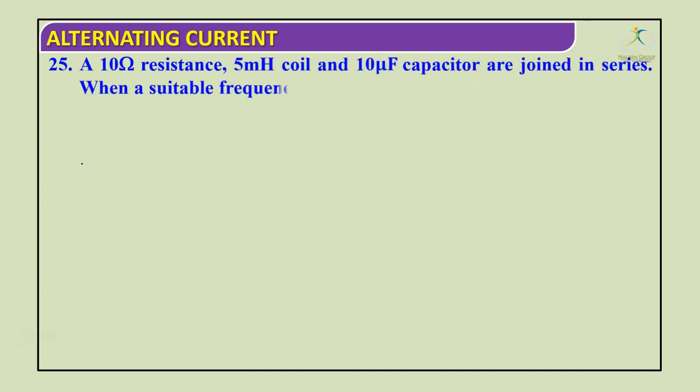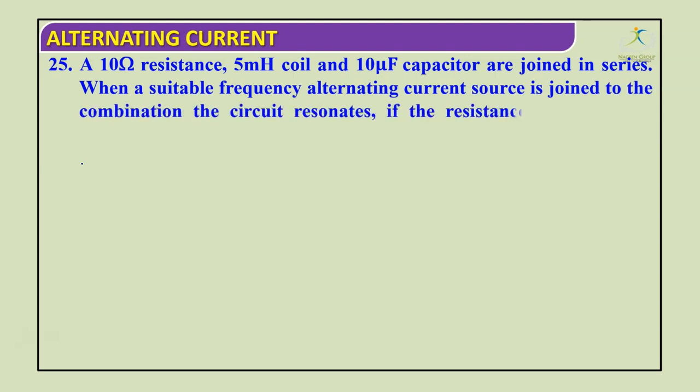Next question we have, a 10 ohm resistance, a 5 millihenry coil and a 10 microfarad capacitor are joined in series. So this will be an LCR series. When a suitable frequency alternating current source is joined to the combination, the circuit resonates.